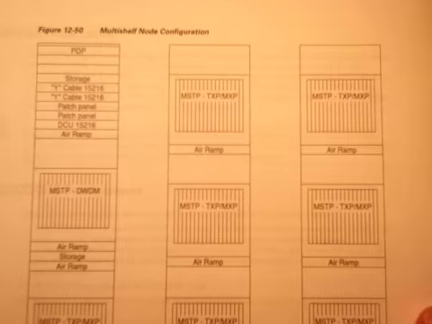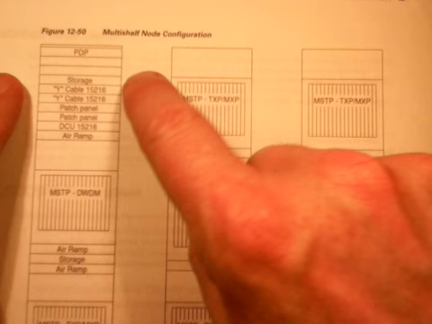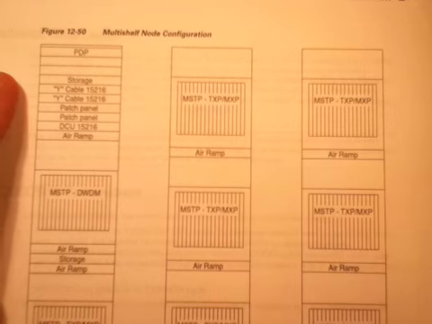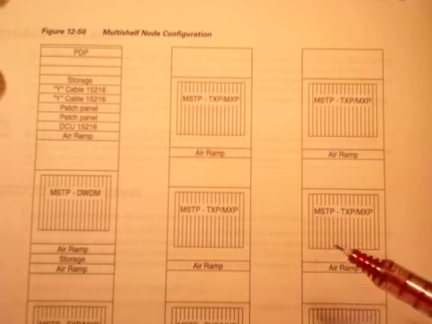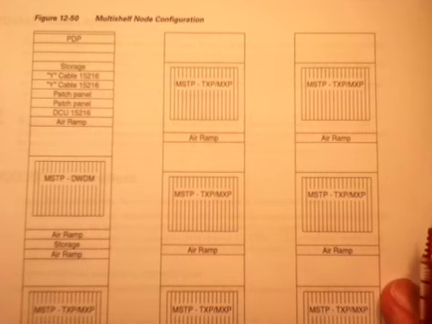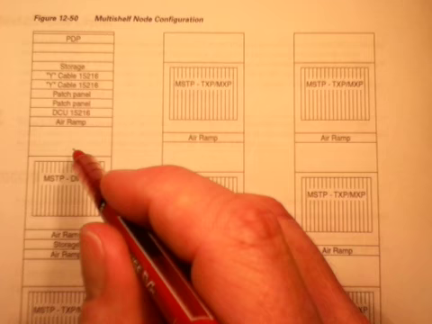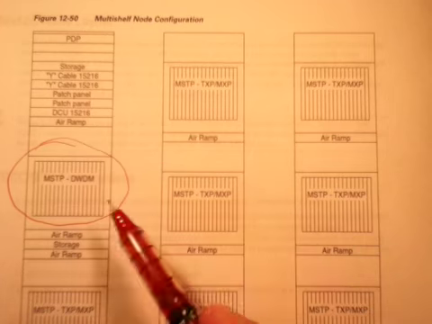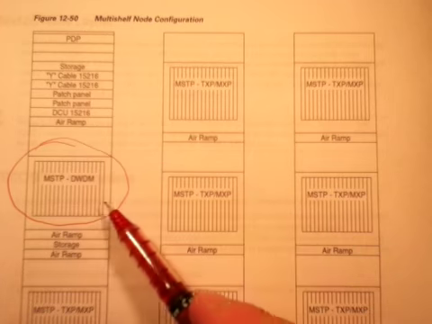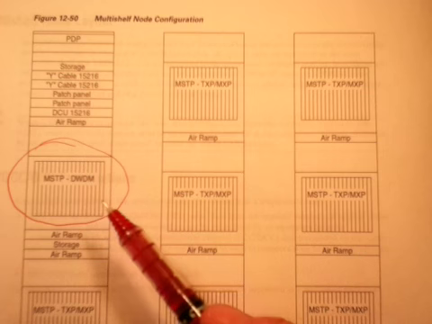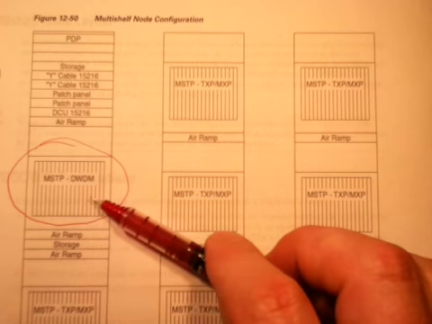They also show you that you can configure a node with multiple shelves. Okay. And this is a nice picture because it sort of points out the fact that there's a heck of a lot of client equipment associated with a single DWDM transponder node or shelf here. Here we've got a DWDM shelf.